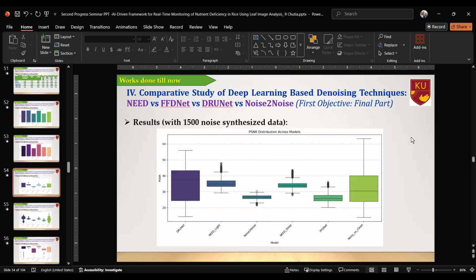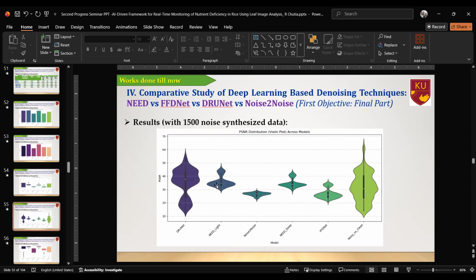Then here, this is the box plot where we have seen that in case of the NeED-Light and NeED-Deep models, they try to improve the PSNR to a specific confined range, and maybe some outliers are there in the higher range but not in the lower range, which we have seen in case of the Noise2Noise model.